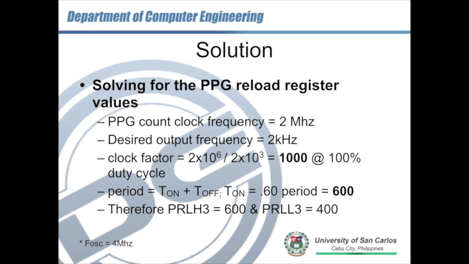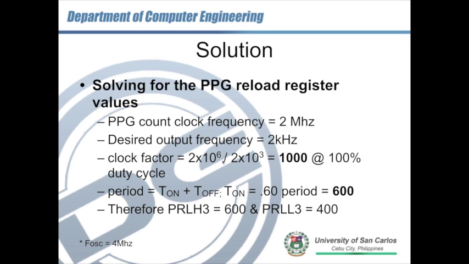Say for example our count clock frequency is about 2 megahertz and the desired output frequency is 2 kilohertz. This is now the output of PPG3. Therefore we calculate the clock factor as 2 times 10 to the power of 6, the 2 megahertz, divided by 2 kilohertz, our desired output frequency.